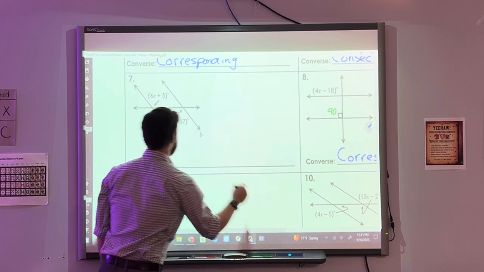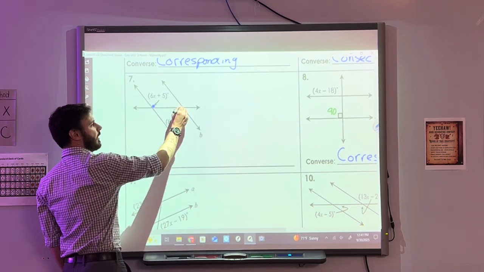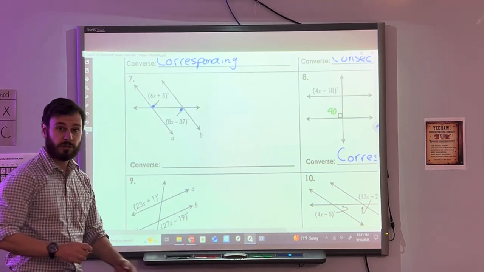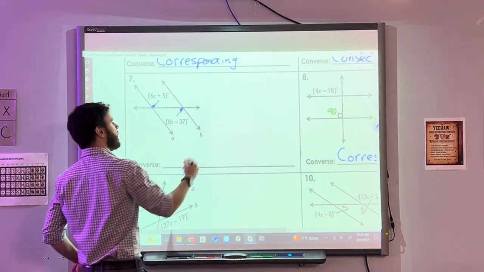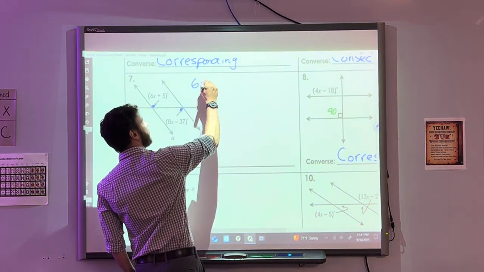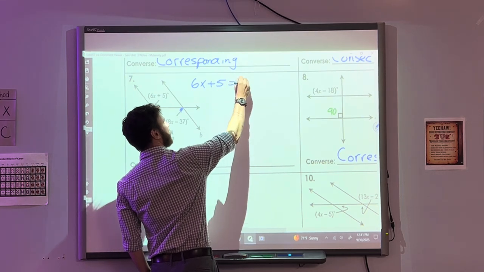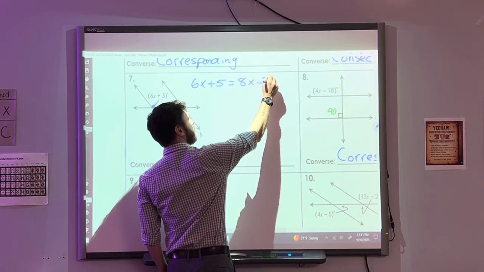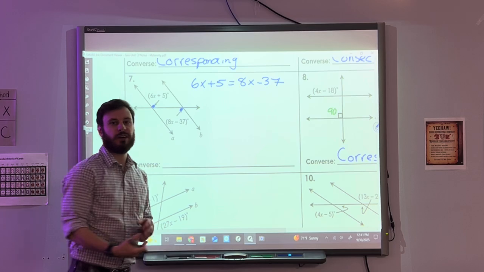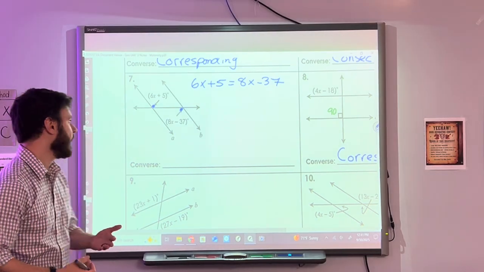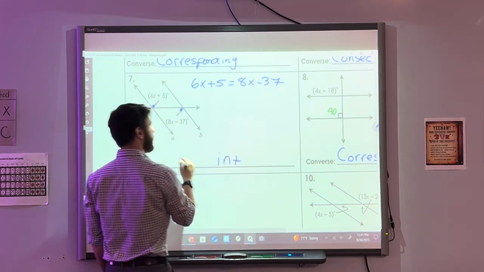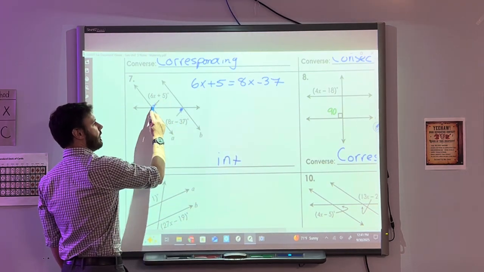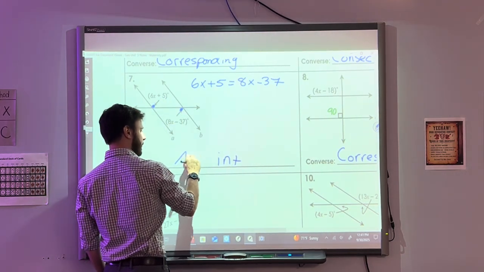Okay. Talking about this angle and this angle, maybe let's go back to our shortcuts that we just talked about. They both look like obtuse angles. So that means they're going to be equal. That gives me the equation, but I still need to know the relationship for the converse. They are both interior because they are both inside, and that one's on the top, one's on the bottom.